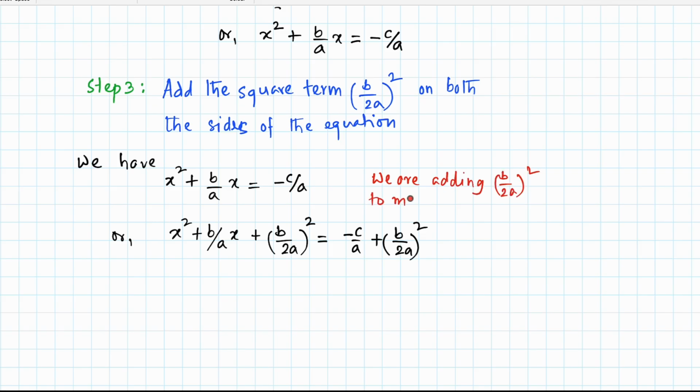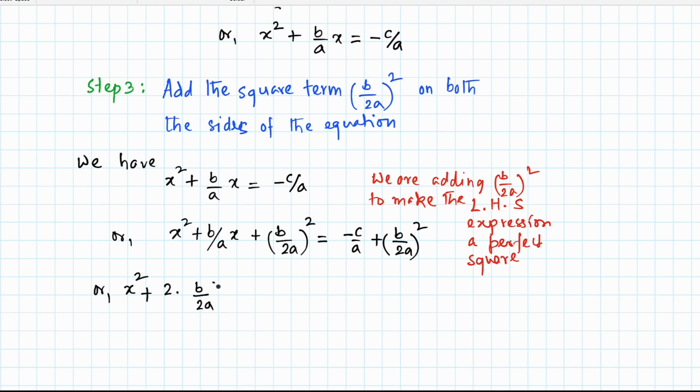We are adding b by 2a whole square to make the left hand side expression a perfect square. Let's check how we get the perfect square. So x square plus 2 times b by 2a into x plus b by 2a whole square equal to minus c by a plus b by 2a whole square.